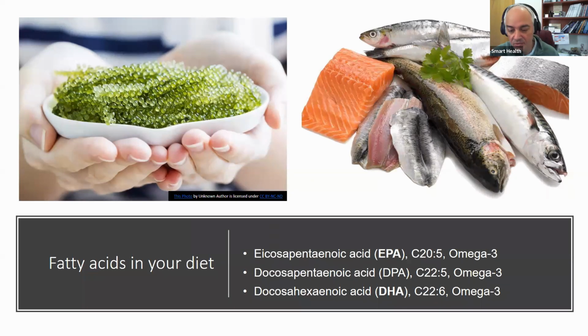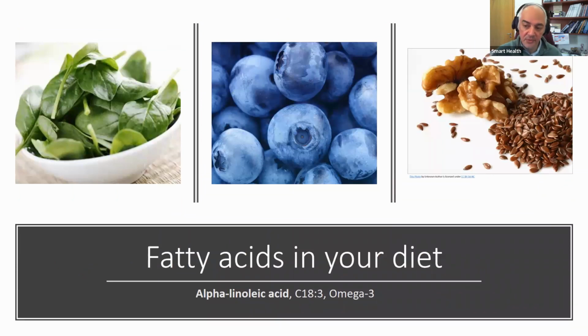So I have only 2 slides here. If you think about the omega-3s, which are EPA, DPA, and DHA, the origin of these omega-3s is fatty fish or algae. I'm showing a picture of algae here. They are also full of omega-3, and you can have this as a dietary intake for omega-3 supplementation. That was about EPA and DHA.